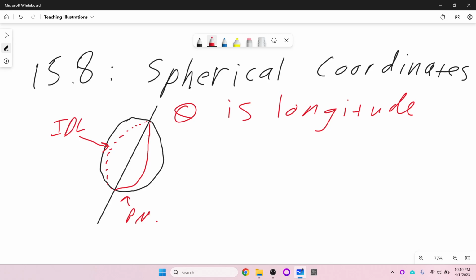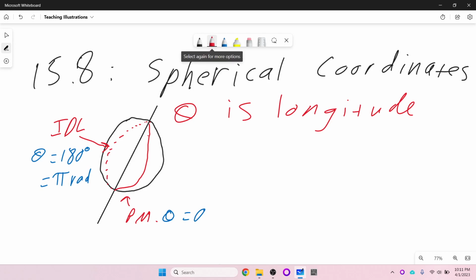So what happens is we start here at the prime meridian, theta is 0. At the international date line, theta would be 180 degrees or pi radians, and we usually use radians in this class.